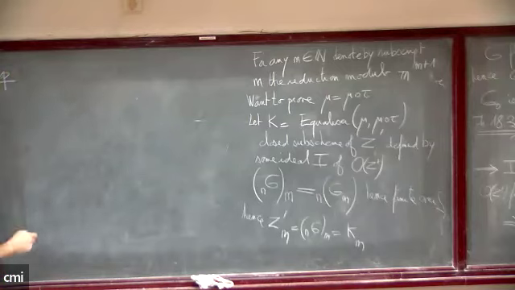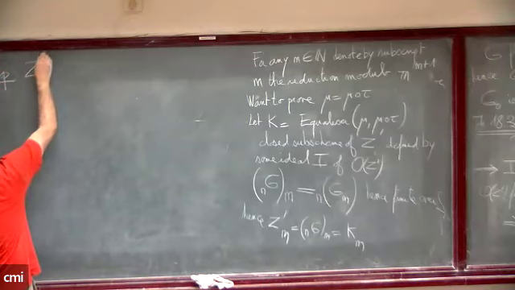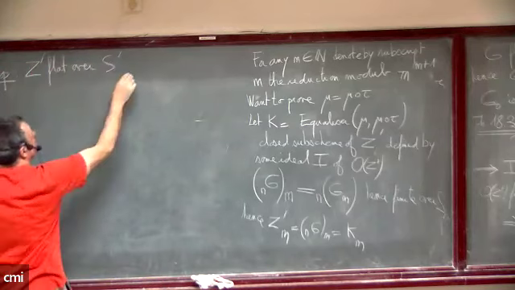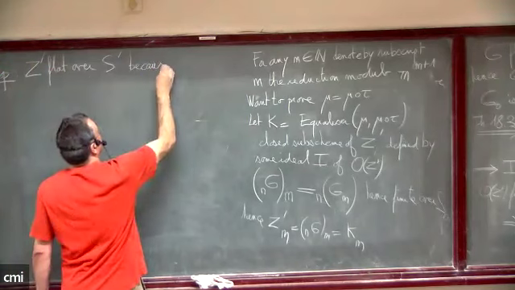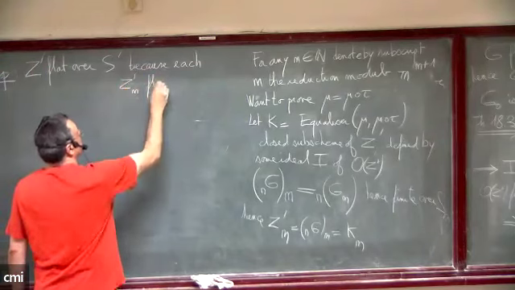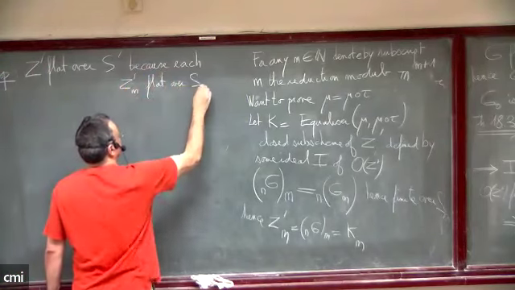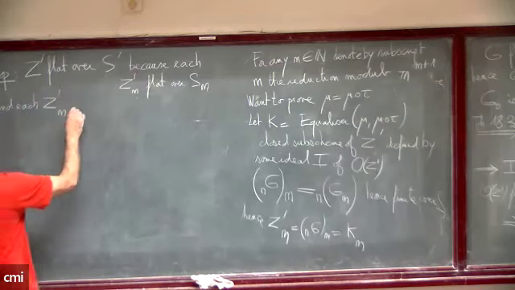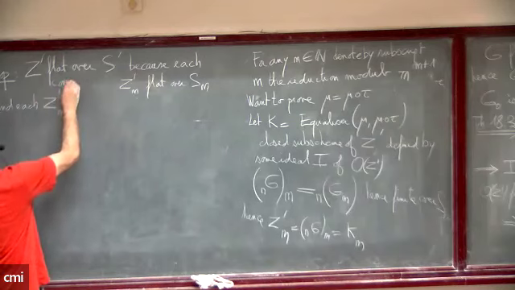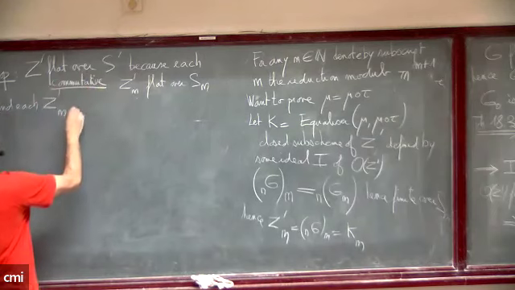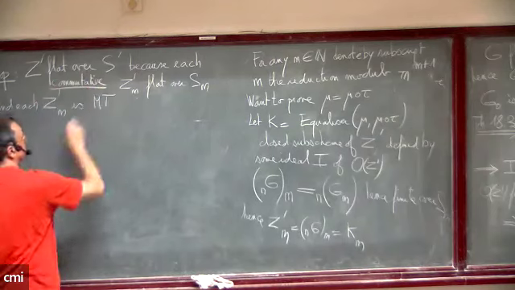Proposition. So we know that Z prime is flat over S prime because we saw that each reduction is flat over S_m, and so it is flat and commutative, and each reduction is of multiplicative type.